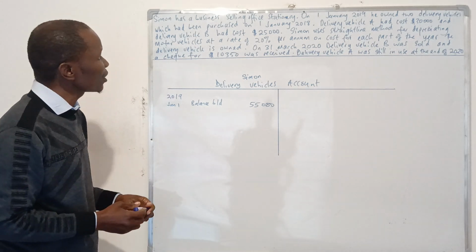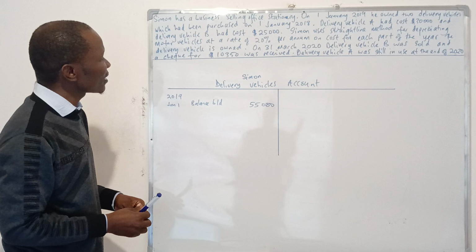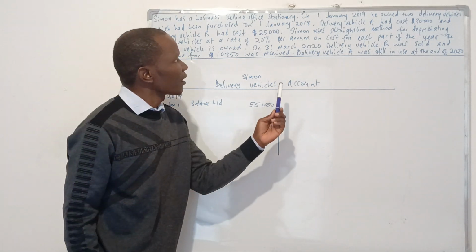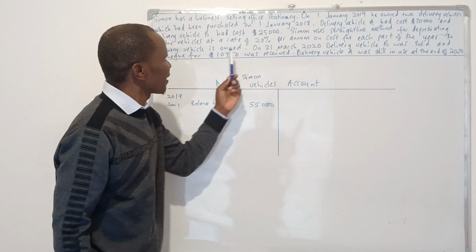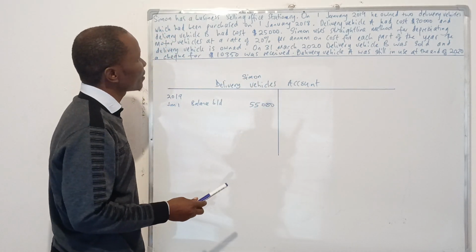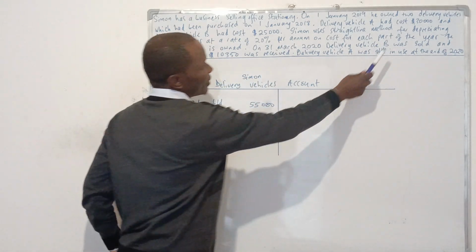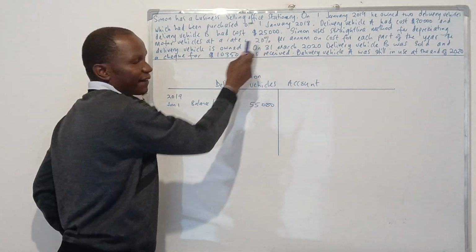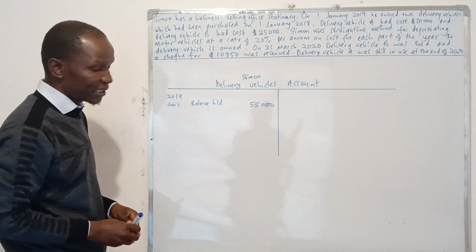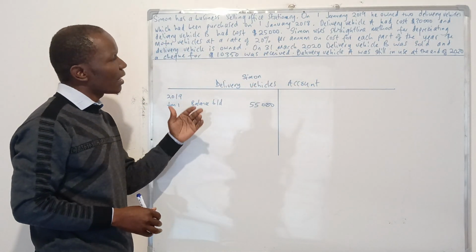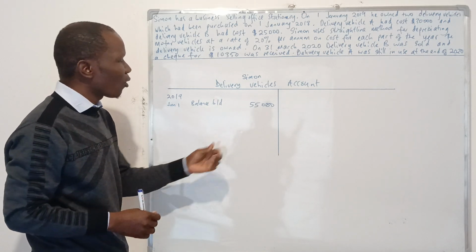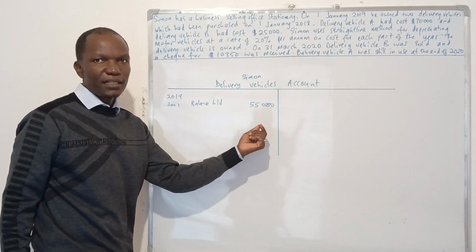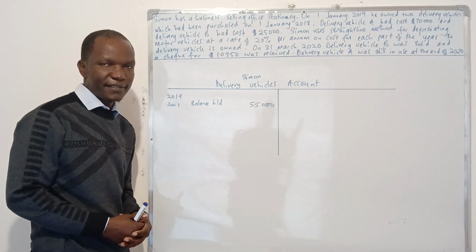Like in this case, we are being told that when Simon started a business, he actually owned 2 delivery vehicles. The other one was actually costing how much? 30,000, and the other one was costing 25,000. So it means that as for 2019, 1 January, we had a balance b/d of 55,000 in value of his non-current assets.